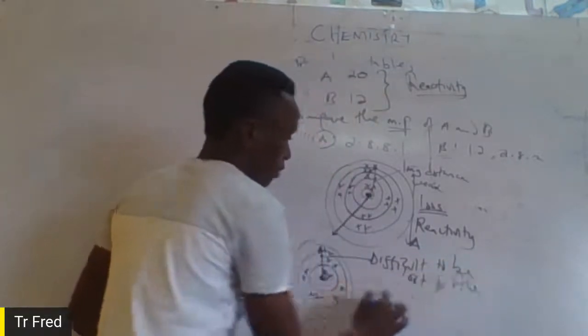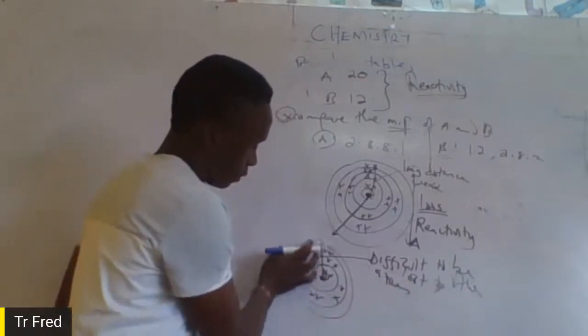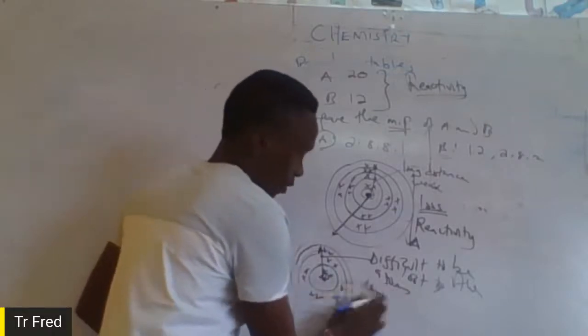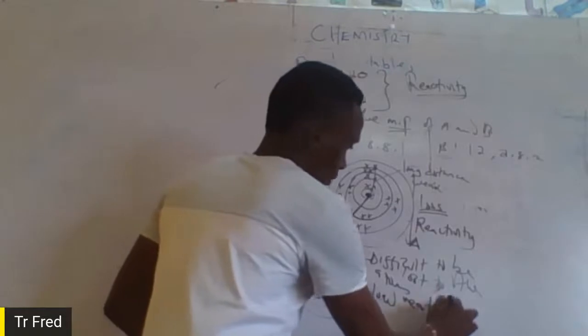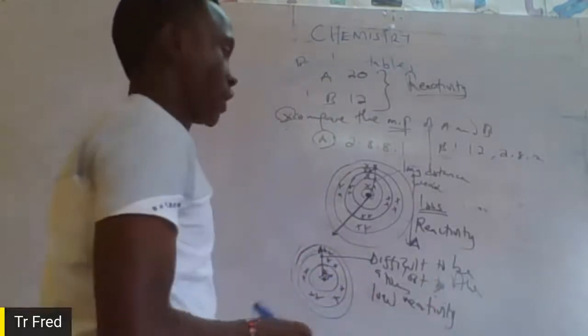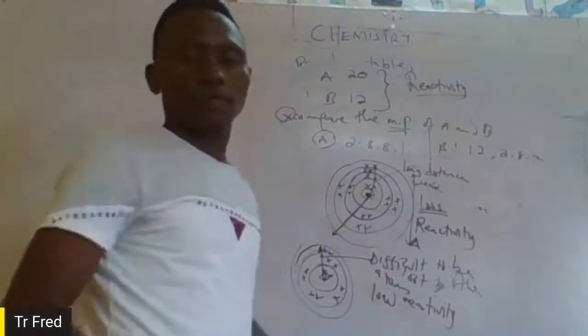Now, the difficulty of being lost to other atoms is what causes the low reactivity, because it requires a lot of energy to remove the outermost electrons so that they can react with the other elements.